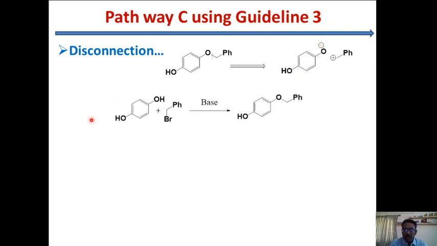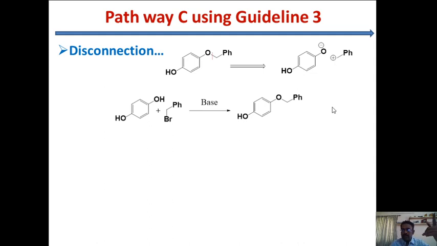You can carry forward the reaction in the presence of base to get the corresponding phenol. So now we have completely broken all the possibilities in the four bonds, as in the first slide we said: bonds A, B, C, D. Now we analyzed which one to choose.